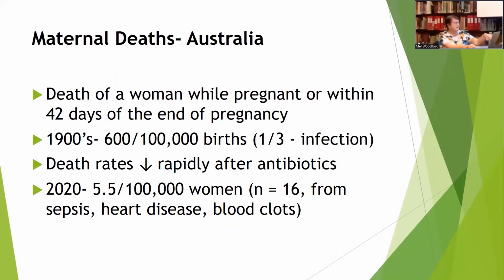And then in 2020, the rate is down to 5.5 per 100,000. In that year, that equated to 16 women in this country, and they died because of sepsis, heart disease, or blood clots. So luckily the death rate has actually dropped quite a lot.